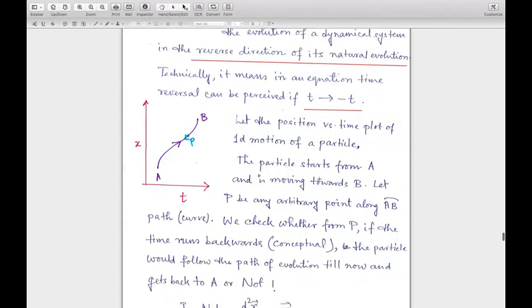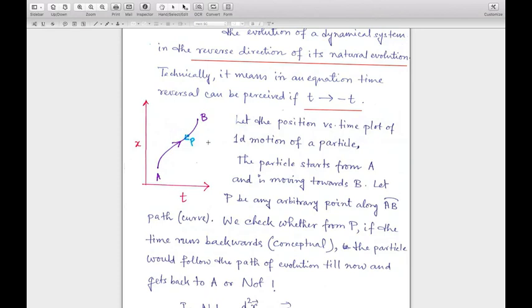Let's say we are considering 1D motion of a particle, and the particle starts from some point A over here, and after some time t it should reach B following this path drawn over here in magenta.